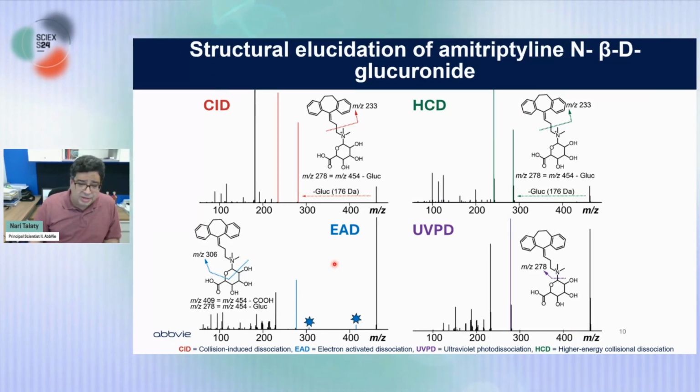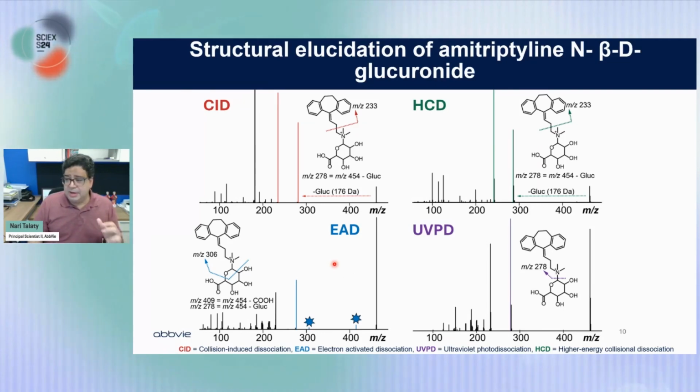This is really useful to us because in the development MetID space, our entire goal is to not miss anything. We want to do comprehensive MetID. We want to go deep into the structure and solve the structure as much as possible. Eventually, we would have to give some of them to NMR, but a tool like EAD allows us to get good data early.